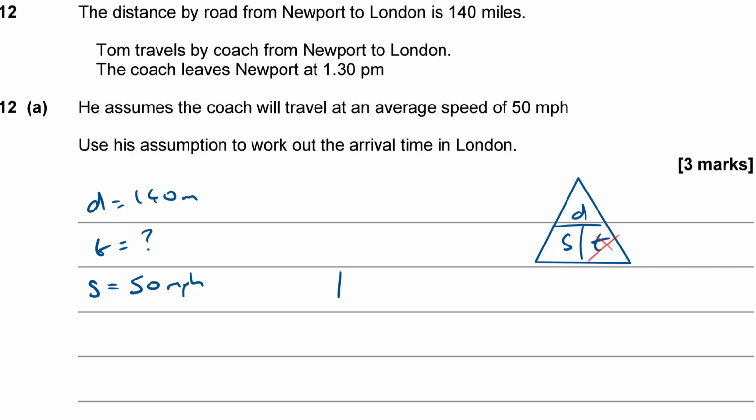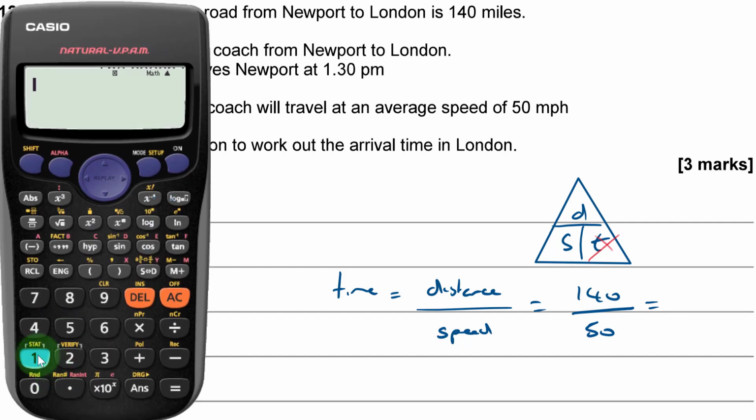So time taken is equal to distance traveled divided by average speed, which is 140 miles divided by 50 miles per hour. 140 divided by 50 gives me 2.8. Now that's a decimal number.